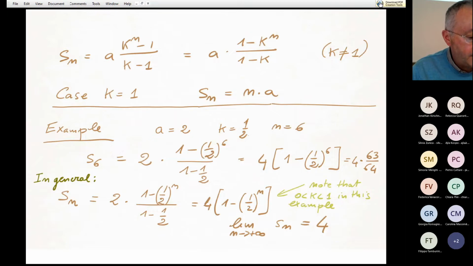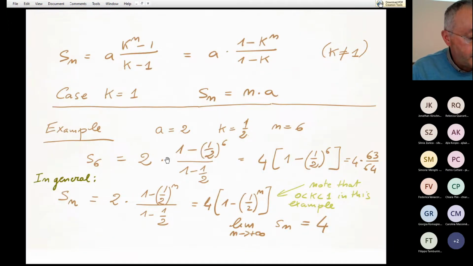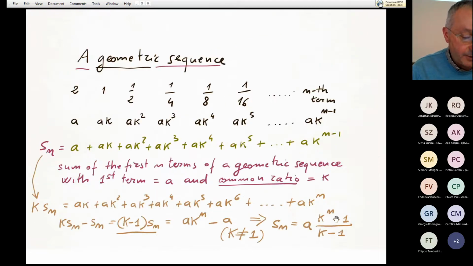So for instance, if we want to compute the sum of the first 6 terms of this geometric sequence, the first term is 2, so the sum is 2 times... Of course, I can also write 1 minus in the numerator and 1 minus in the denominator because it is exactly the same.